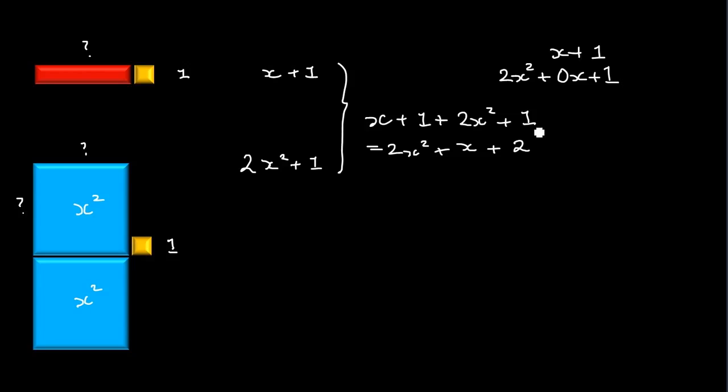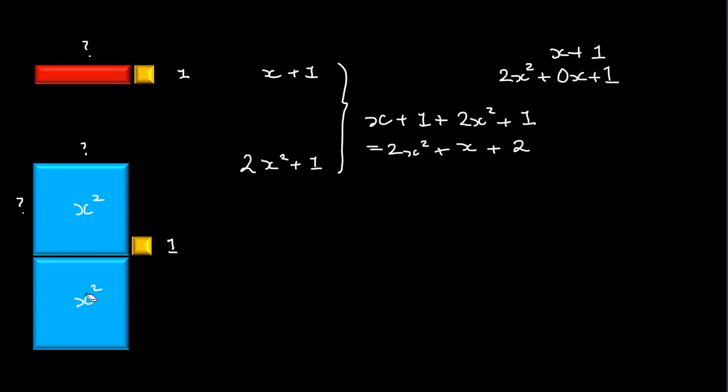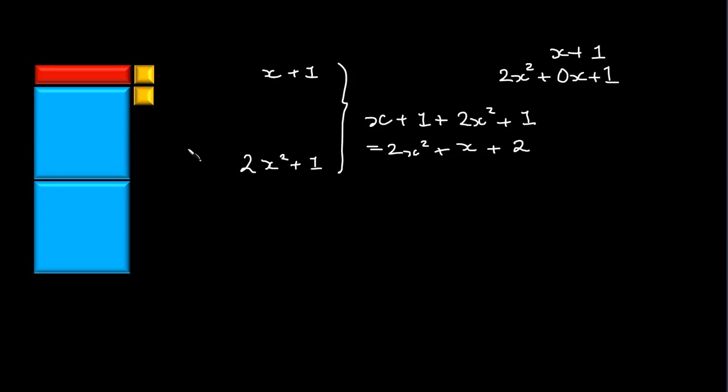Let's just erase the notation here in case it gets in the way. Okay, so let's look at these things visually. In addition, all we have to do is join these tiles together and then see what we've got. If I just move these up, there we go.